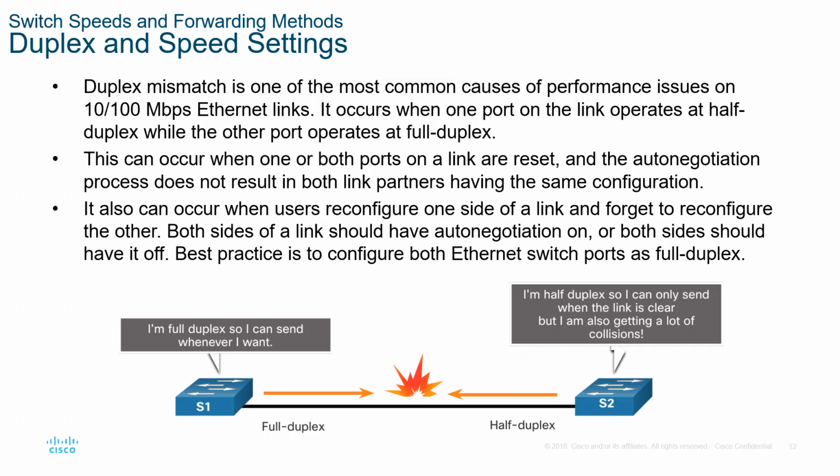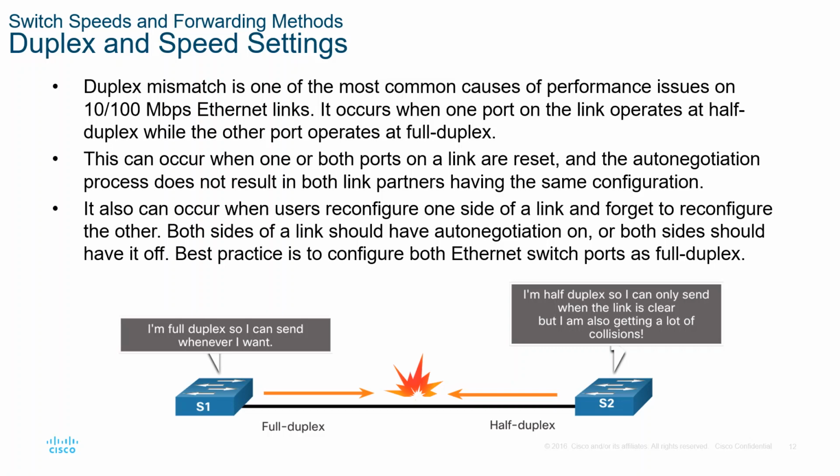So even though both sides of a link should have auto negotiation on, if the network admin manually configures the duplex setting differently, a duplex mismatch will happen.